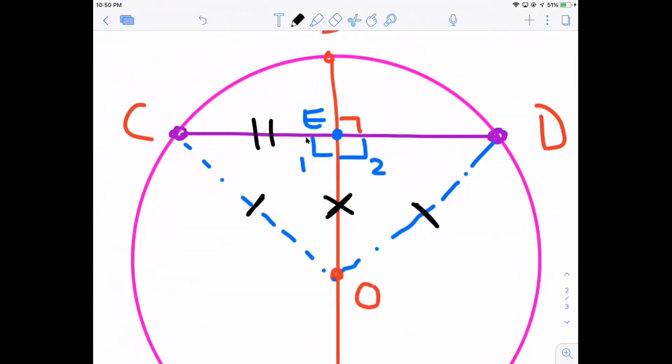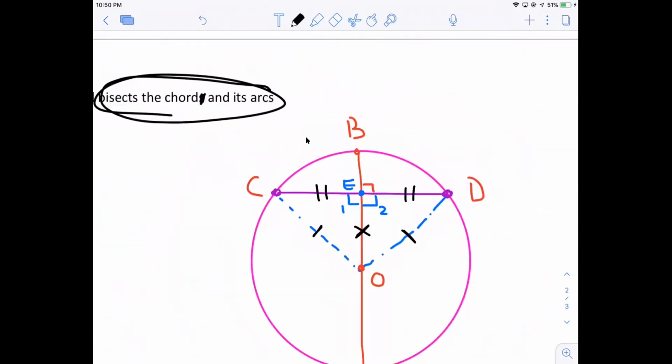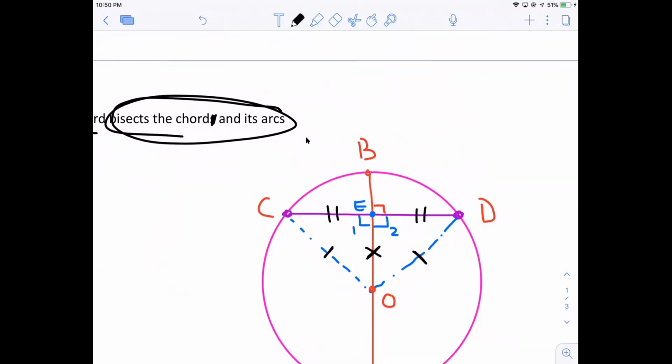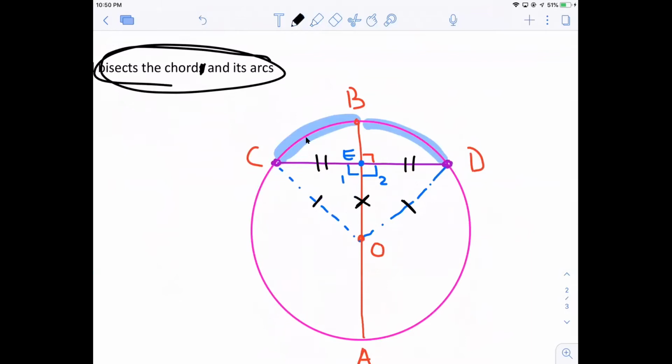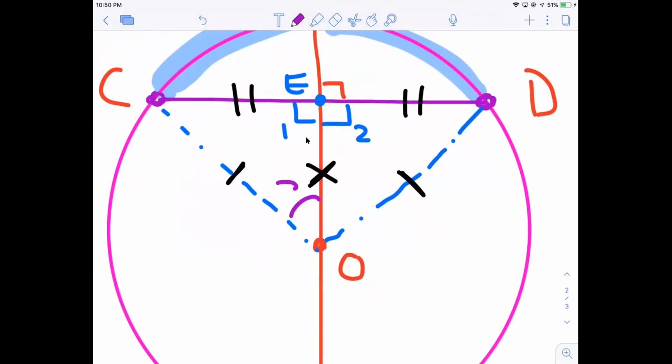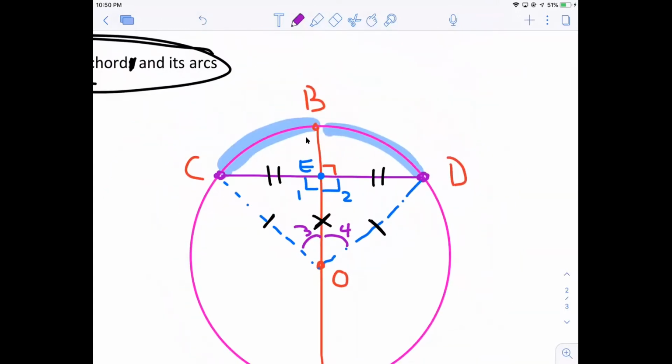So boom, boom, that is proven. We also want to prove these arcs congruent. So let's find the central angles to those arcs. Aha, let's call these angles 3 and 4. Those angles also must be congruent by CPCTC.